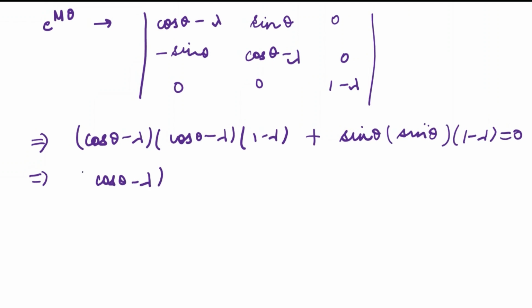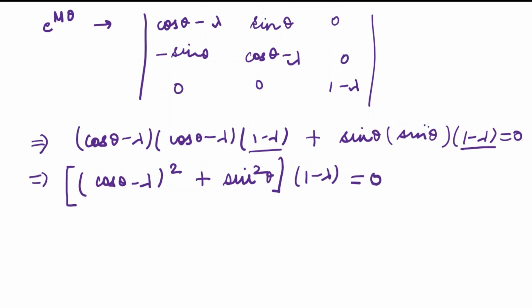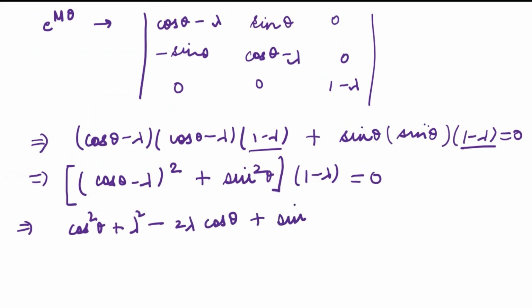So it will be cos theta minus lambda whole square plus sin square theta, and 1 minus lambda common in these both. So cos square theta plus lambda square minus 2 lambda cos theta plus sin square theta, times 1 minus lambda.